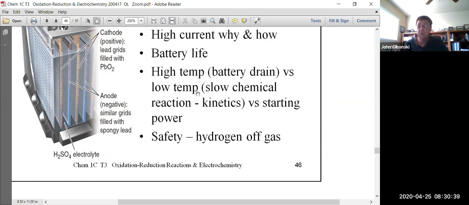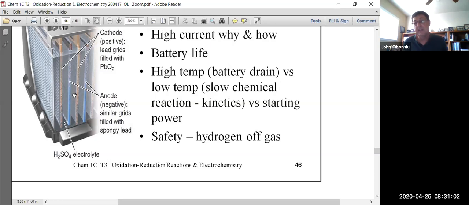Unfortunately, low temperatures slow all the chemical reactions, just the opposite, obviously, of high temperature. So as the temperature gets lower, the kinetics in the battery slow, and it means it will become more difficult to start.